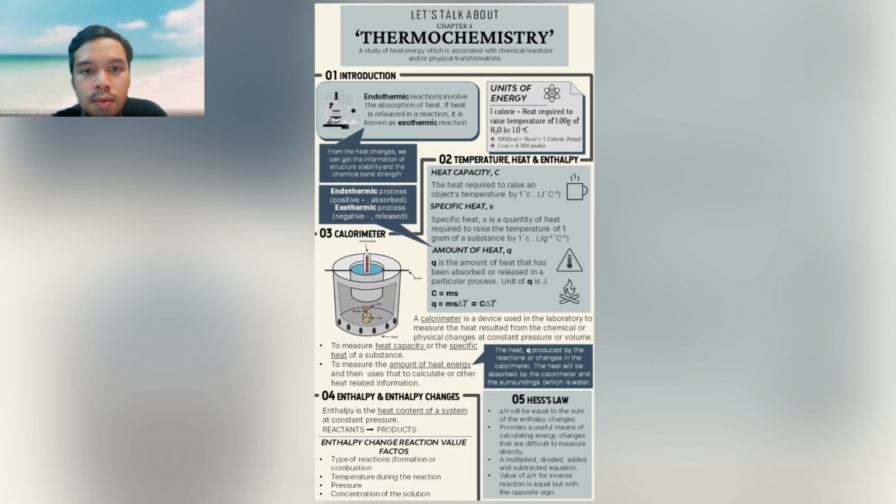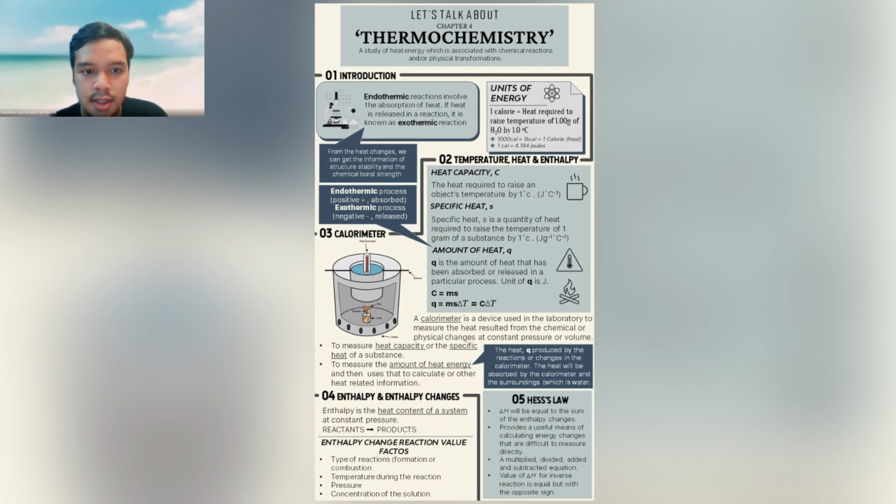Now, we are moving to enthalpy and enthalpy change. What is enthalpy? Enthalpy is the heat content of a system at constant pressure. Chemists routinely measure the change in enthalpy of chemical systems as reactants are converted into products.